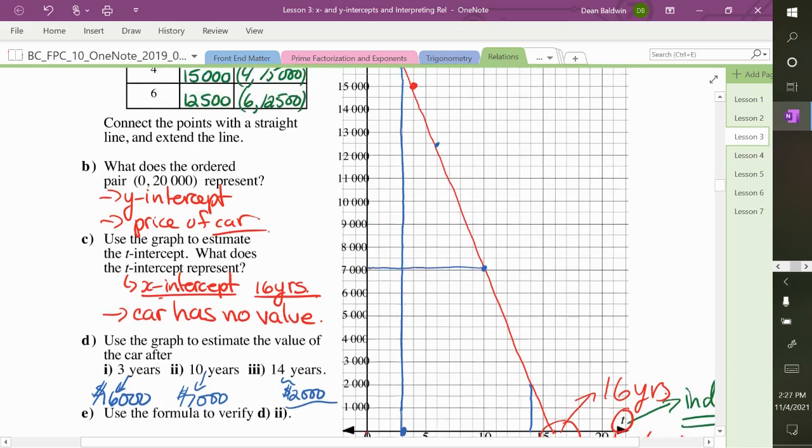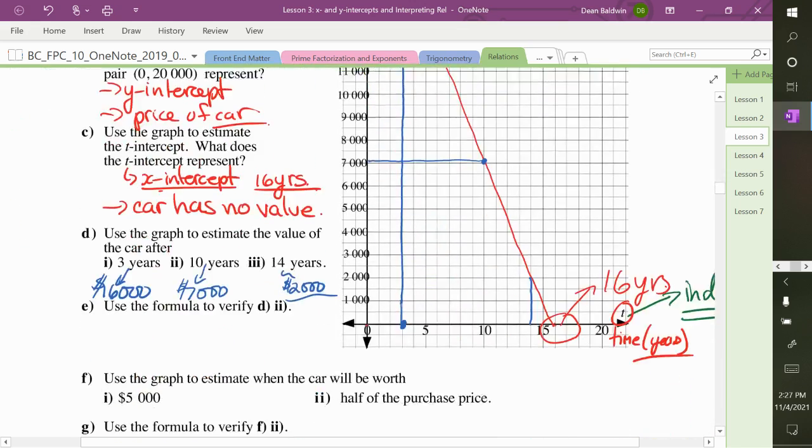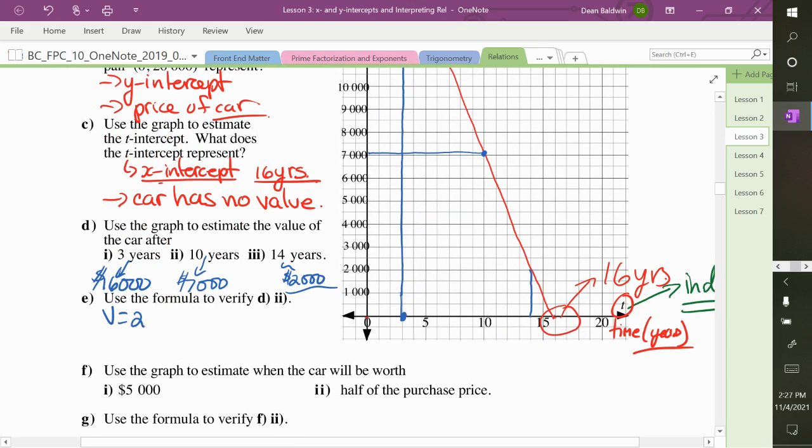So what is our formula? 20,000 minus 1250t. Okay. I need one more zero. There we go. Which one do you want to verify? We'll only verify one of them. All right, let's do 10. So we'll verify 10.